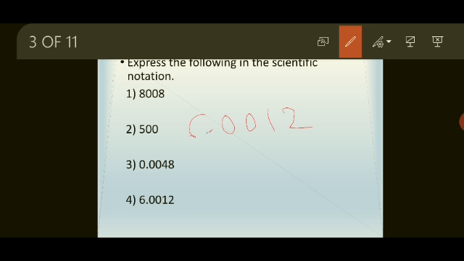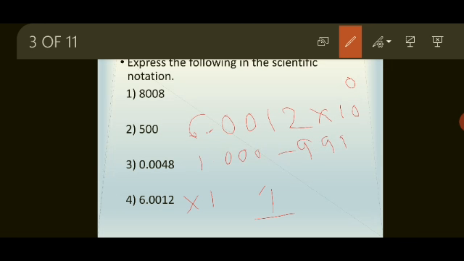It is after the first non-zero digit, meaning it is already in the form of 1.000 to 9.999, but there is no exponent given, so we can write this as into 10 to the power 0. Why 10 to the power 0? Because anything raised to 0 is always considered as 1, and when we multiply any number by 1, the value remains the same. Meaning there is no change in value at all.